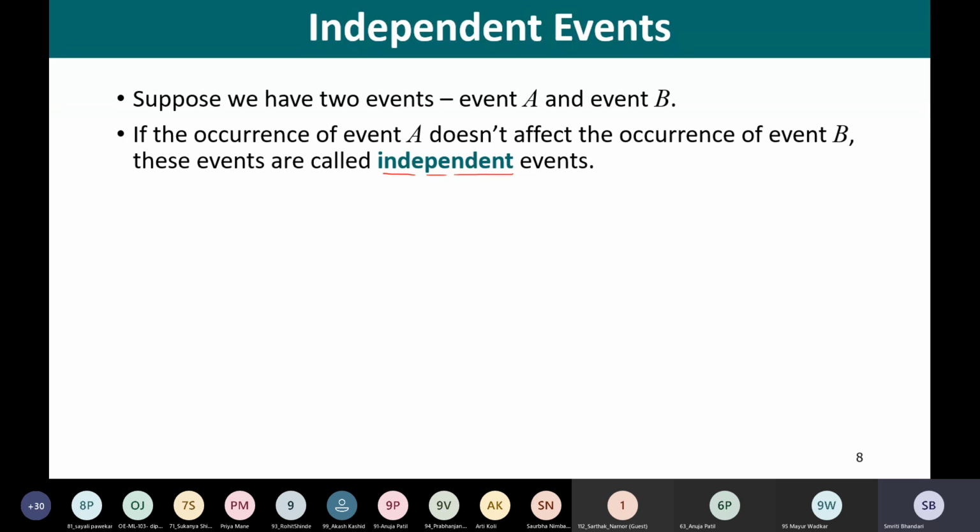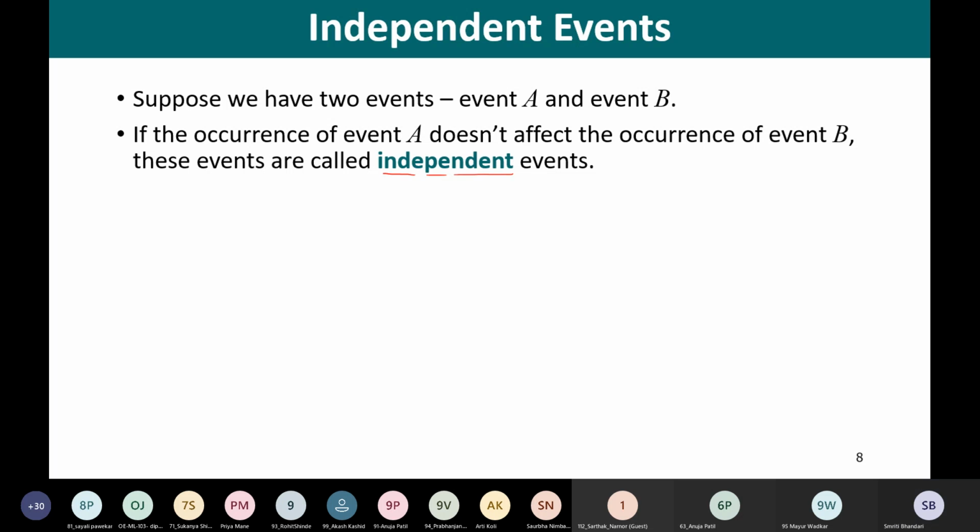I will repeat: if we are having two events A and B, and the occurrence of event A doesn't affect the occurrence of event B, then these events are called independent events.